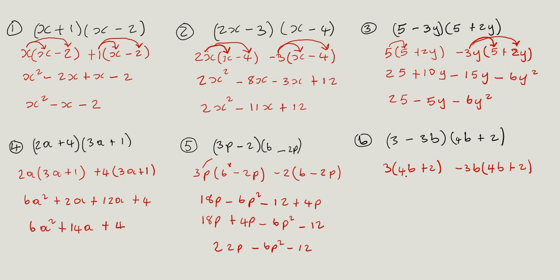So 3 times 4b, that's going to give us 12b. Then 3 times positive 2, that's going to give us a positive 6. Then negative 3b times 4b, that's going to give us a negative 12b squared. And negative 3b times a positive 2, that's going to give us a negative 6b.